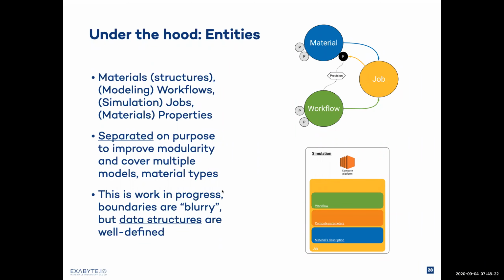And that's why we identify the main entities and concepts that the platform works with, such as material structures and simulation workflows, and we separate those on purpose because some simulation engines, for example, hold this information together, which makes it extremely difficult to store it, and there could be a confusion. Once we have material and workflow together, we can run a simulation job, and a job itself also includes compute parameters and some compute platform information as well.